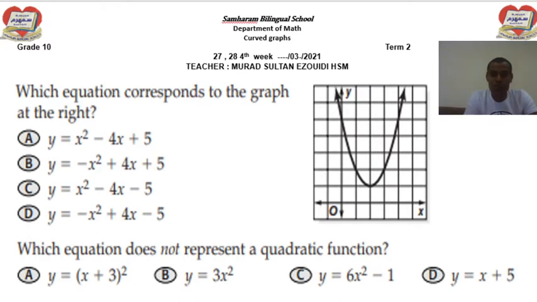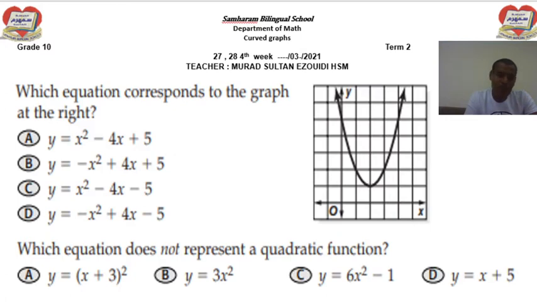So this has a double root, a real number. This one, D, also cuts the x-axis in two different roots, -1 and -2.